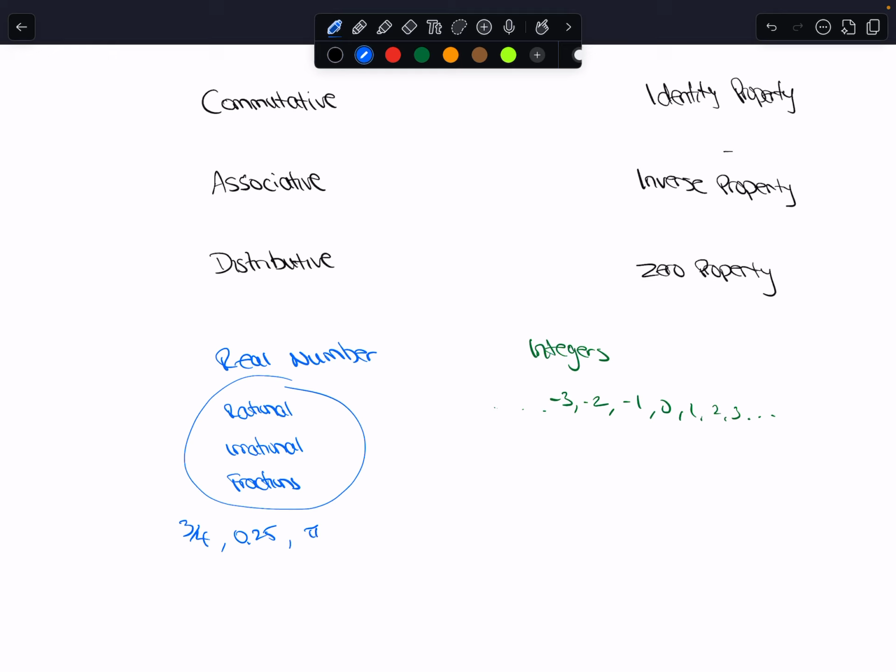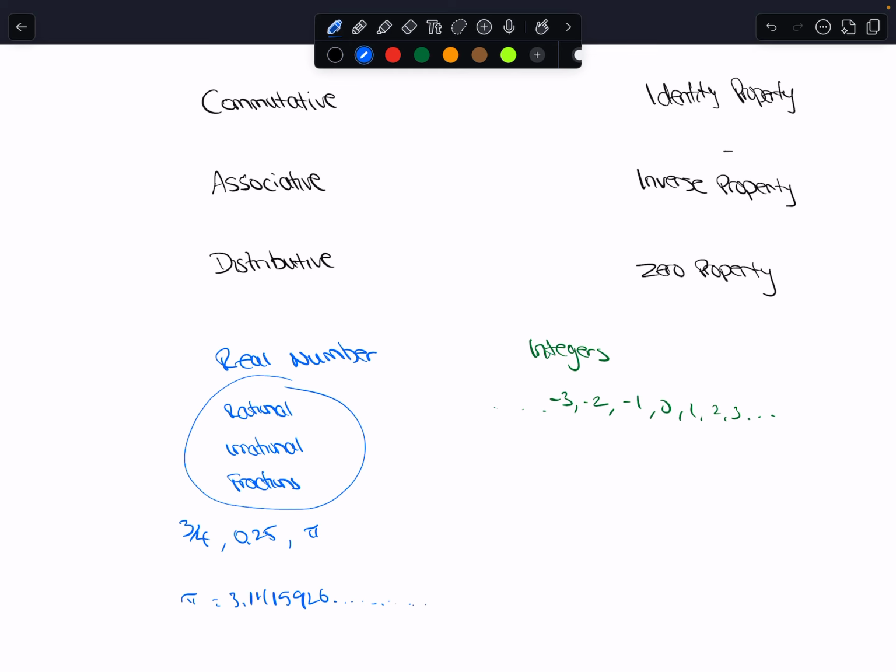If you know pi, you know it's a long number, 3.141592, and it keeps going on and on. The numbers in pi never repeat. So it's 141592 and whatever it is, ongoing.